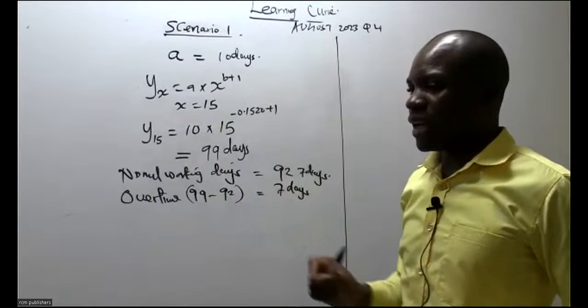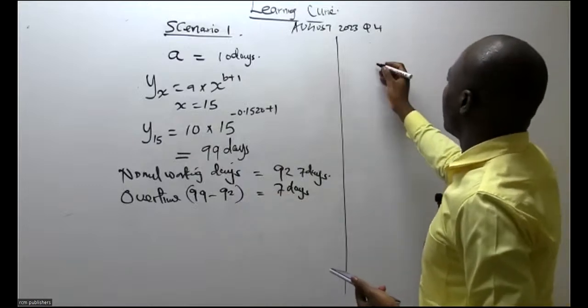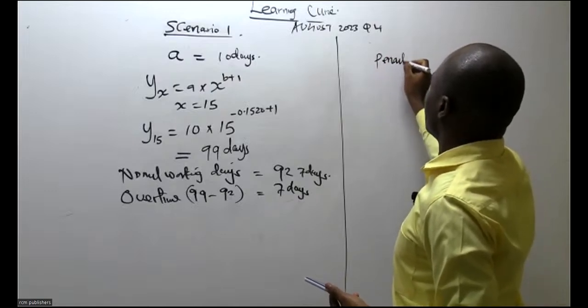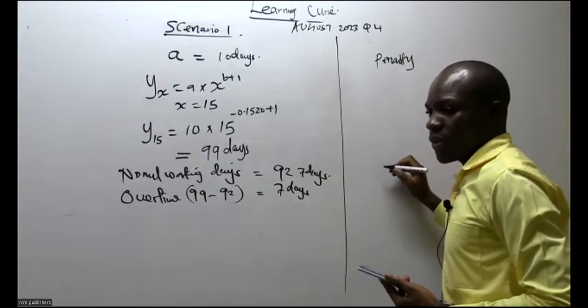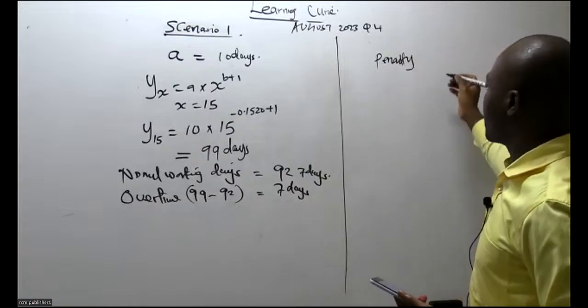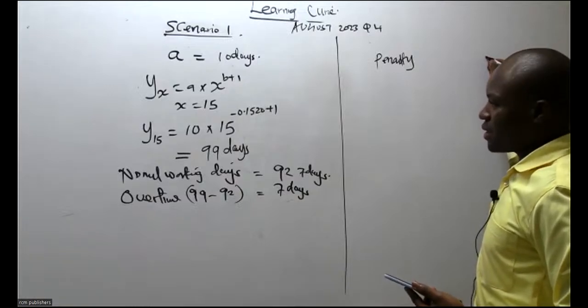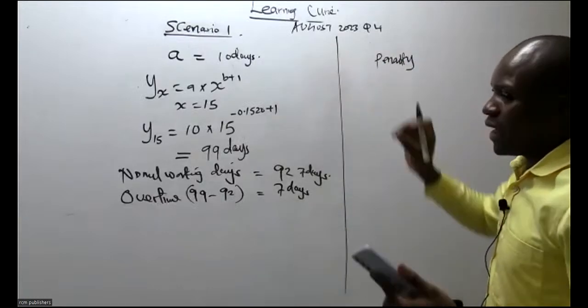So what will be the penalty? The cost of producing these buses. Are we able to see the penalty? It is per bus. Under this scenario, you are only penalized if you deliver late.